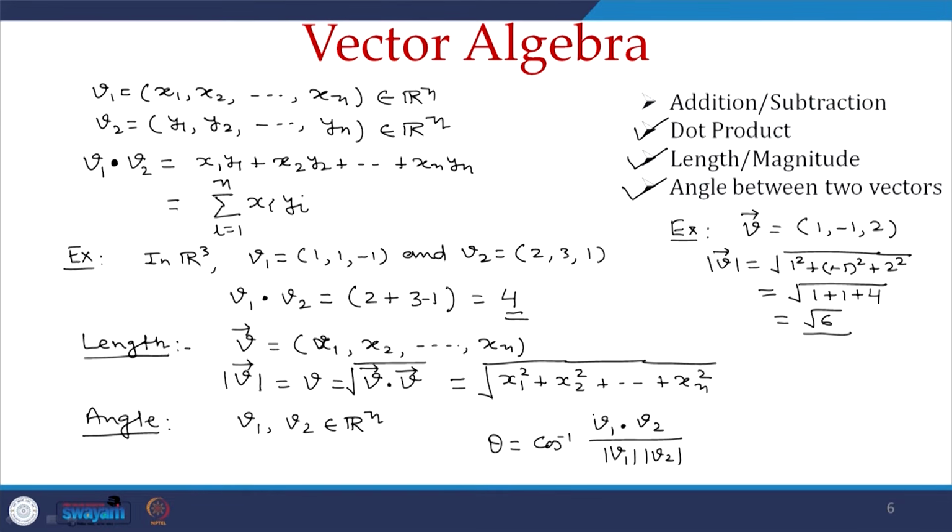Okay. So, what I am having in numerator? I am having the dot product of v1 and v2, and in denominator I am having product of their lengths. This will give me the angle between two vectors v1 and v2. So, here I am making use of dot product.